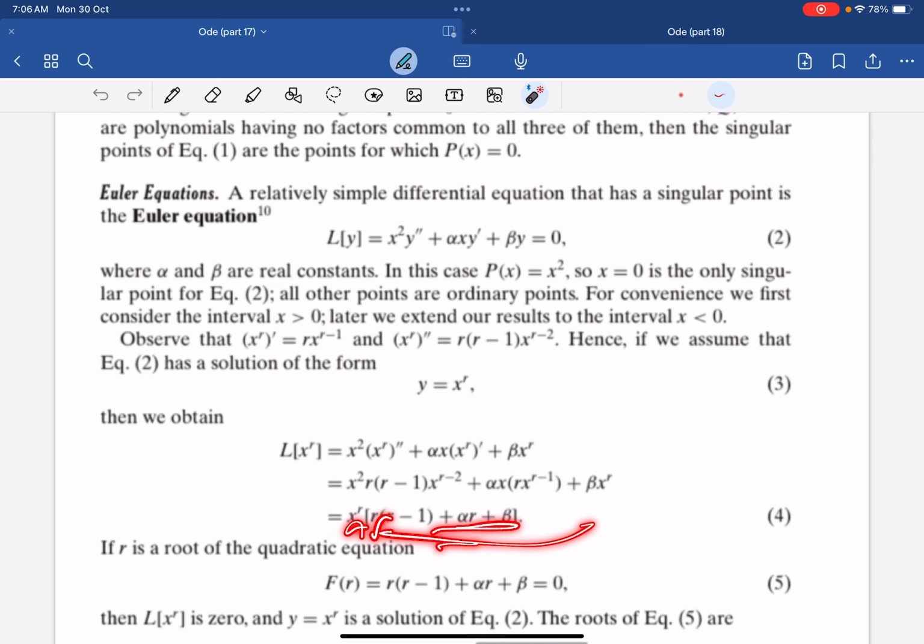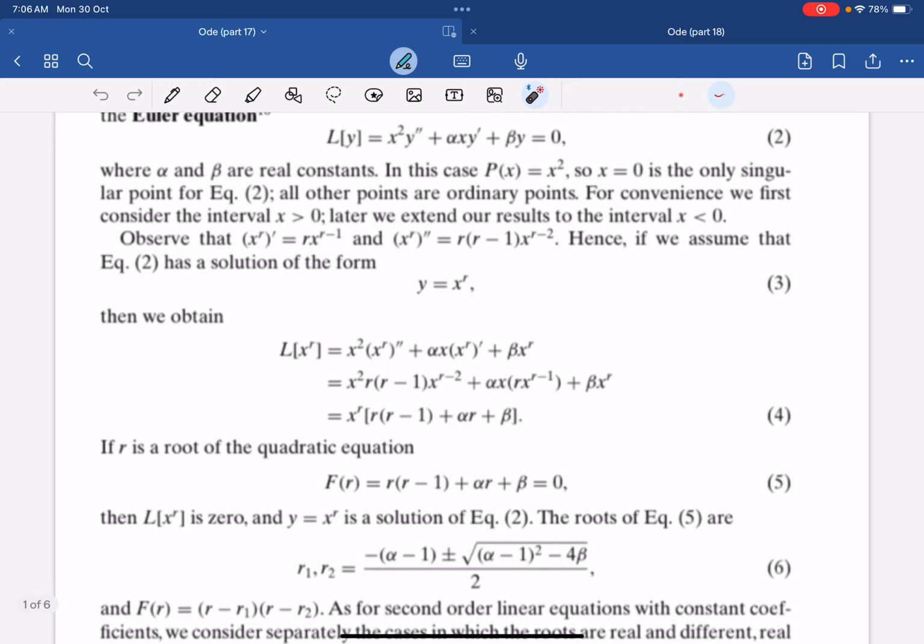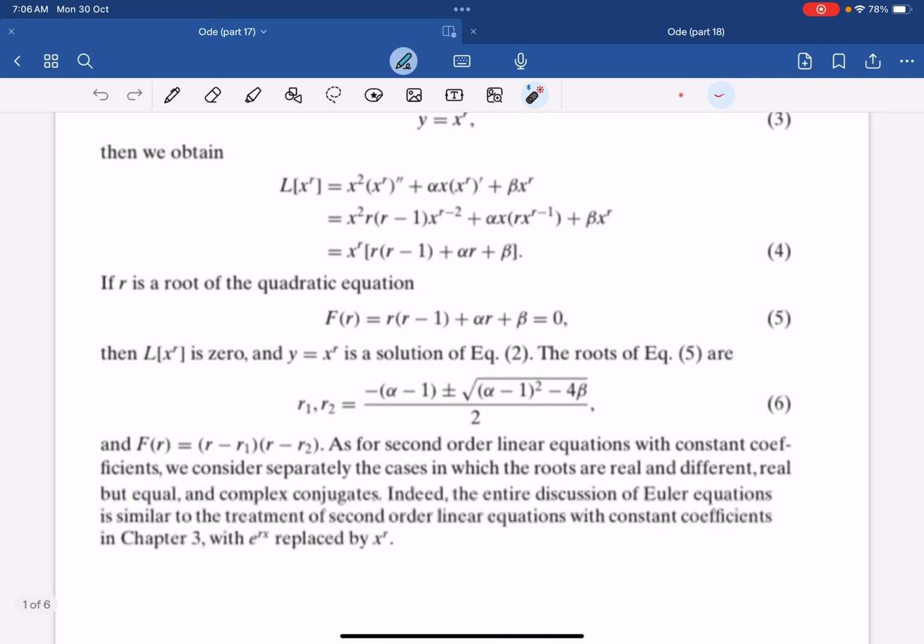Here is a quadratic equation we get in terms of r. We want this equation to equal 0, which means that since this part can't equal 0, this portion over here must equal 0. So we solve for it, and r1 and r2 are these solutions.